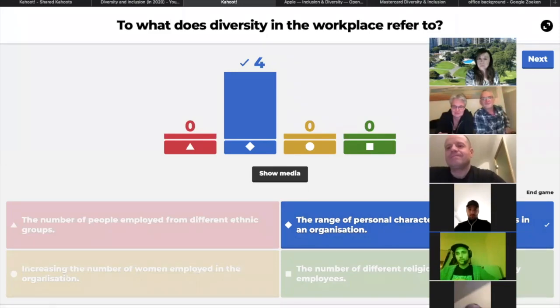Not just the religious background, not religious, not ethnic, nothing like that. Just characteristics. Yeah, but also, well, yes, increasing the number of women is included. All right. Fair enough. Any more questions? All right, we'll move on then.